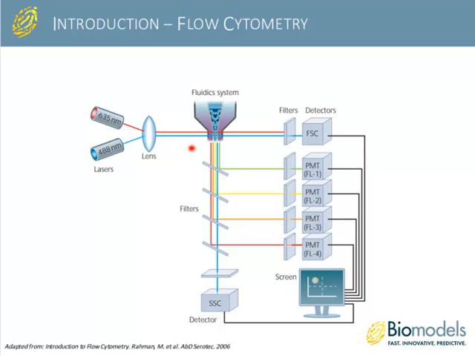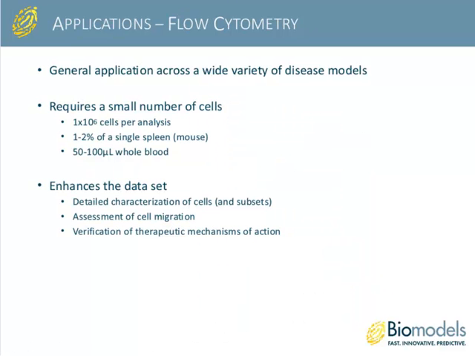The laser light is scattered and also is absorbed by fluorescent molecules and then emitted at specific wavelengths. That light is then passed through specific filters and picked up by detectors, and then goes through a whole mess of complicated software to get the images that I'm sure you've all seen. I'll show a few of those in a little bit.